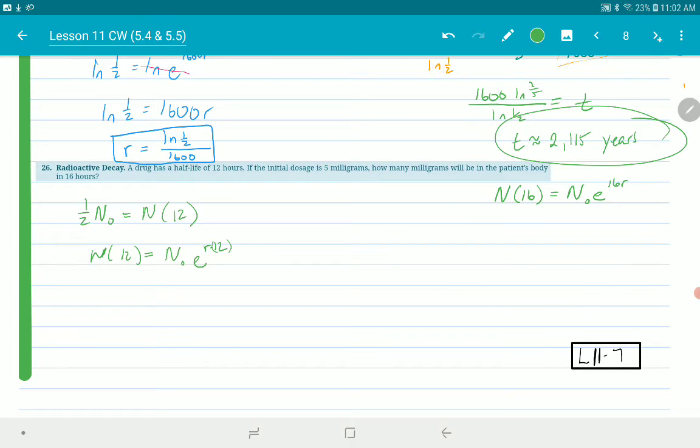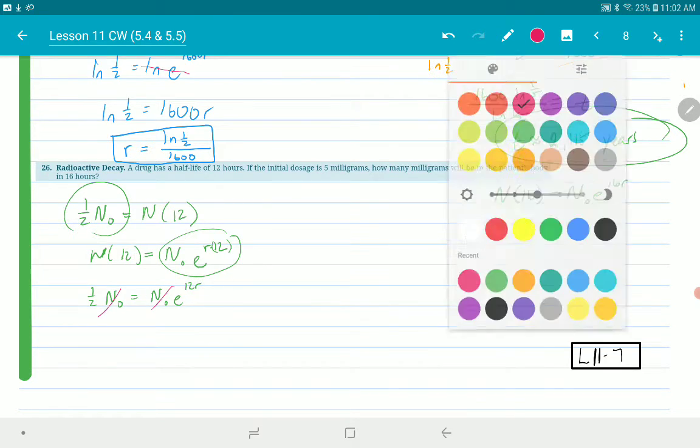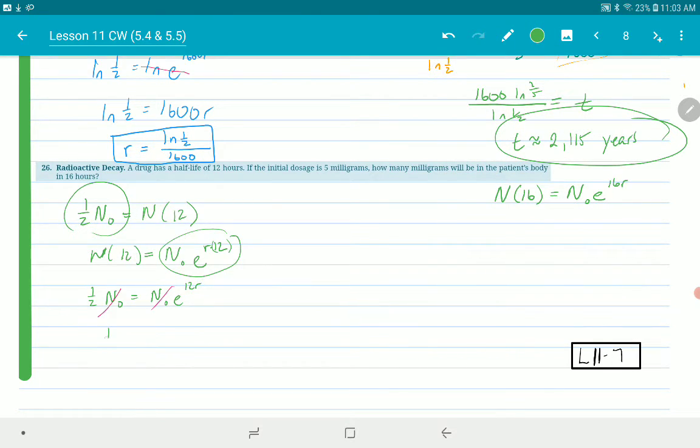And then I can set this equal to this because my N of 12 are equal. So half of the initial amount equals the initial amount times e to the rt. I can divide both sides by the initial amount, so I'm left with half equals e to the rt, and then I can take the natural log of both sides.